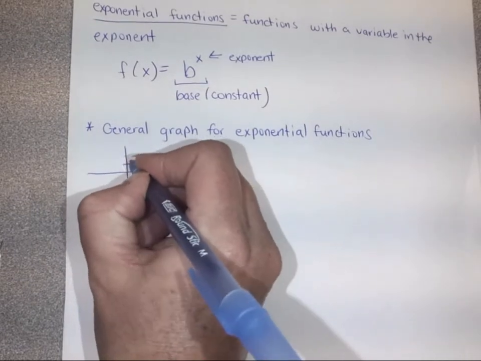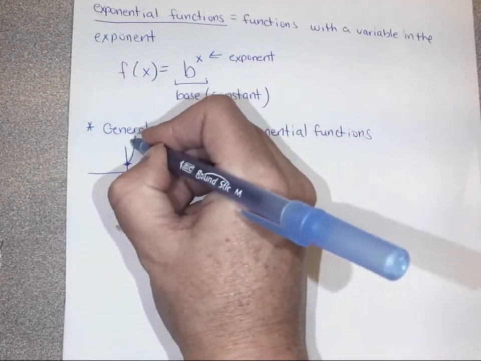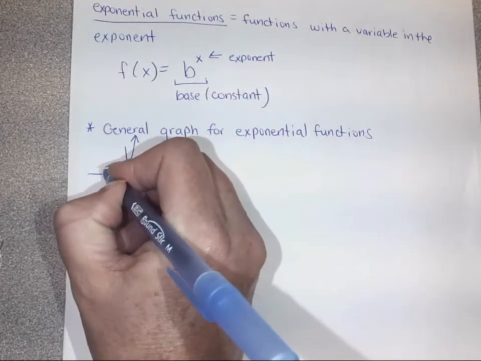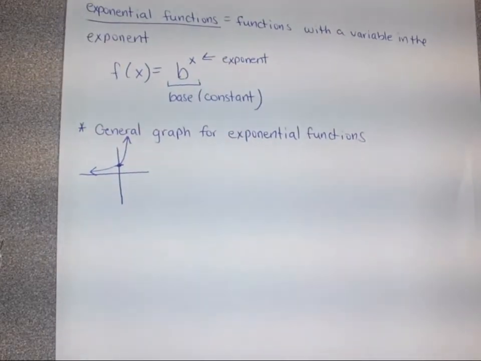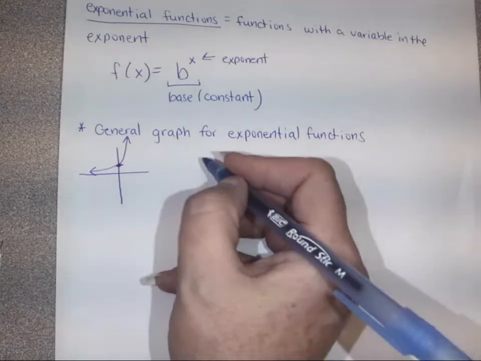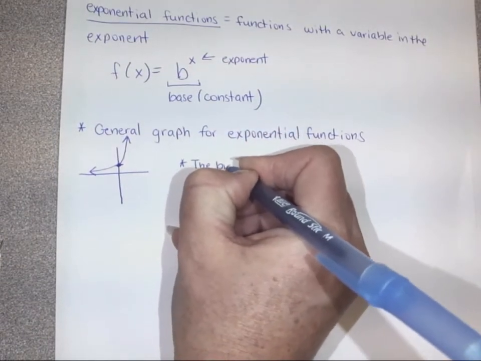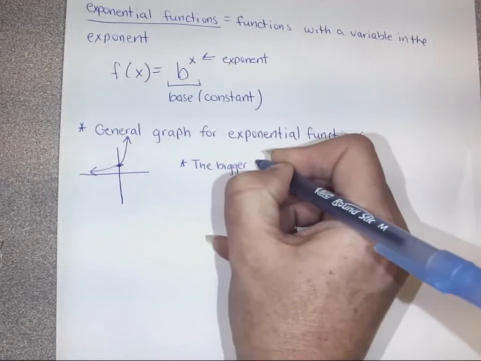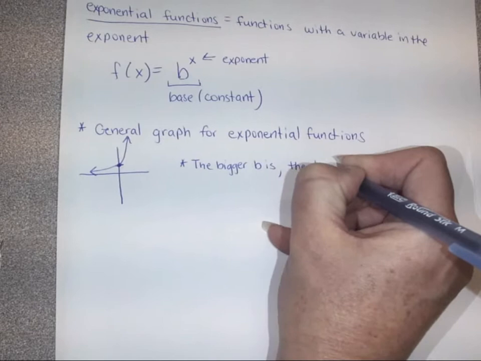It crosses through 0, 1. And it goes up very sharply in one direction, and then it approaches an asymptote in the other direction. And the bigger your base is, the steeper the curve is. But in general, these graphs are always going to look like this shape.